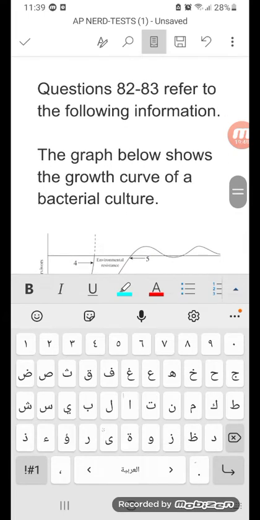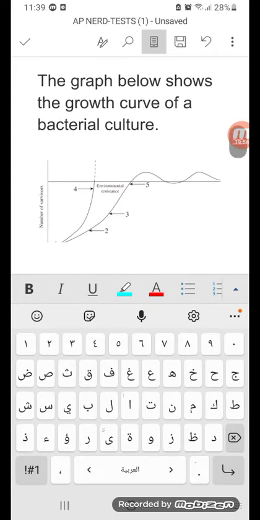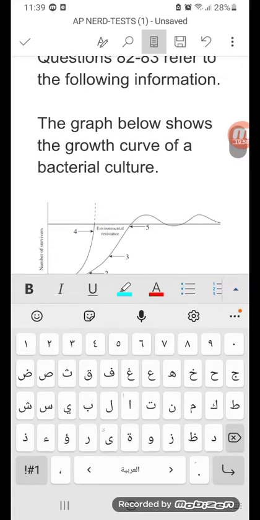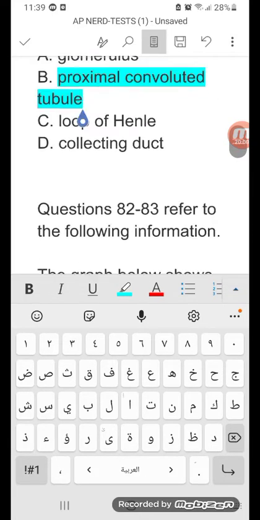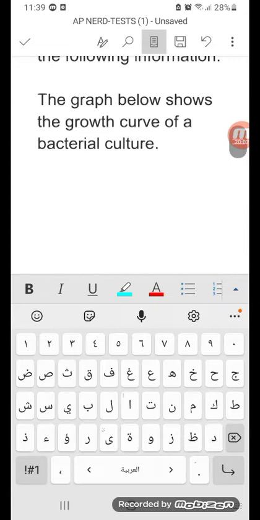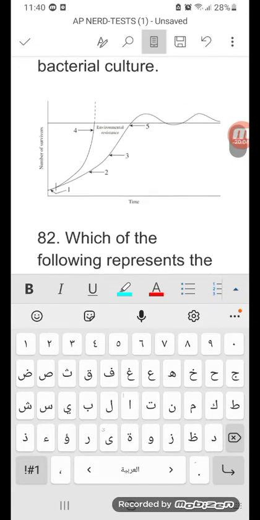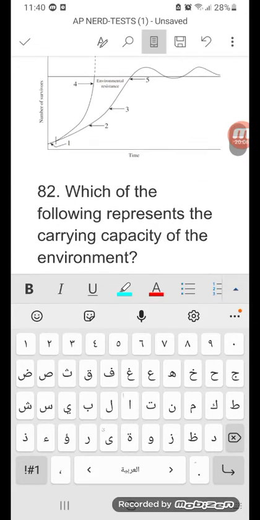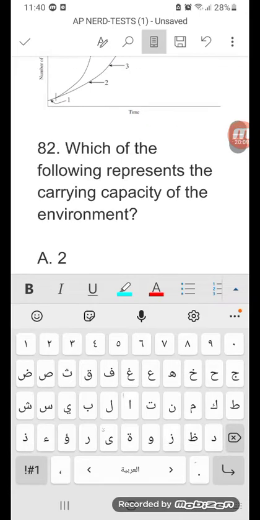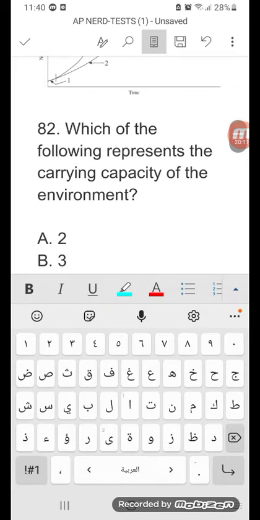Questions 82 and 83 refer to the following information. The graph below shows the growth curve of a bacterial culture. Which of the following represents the carrying capacity of the environment?